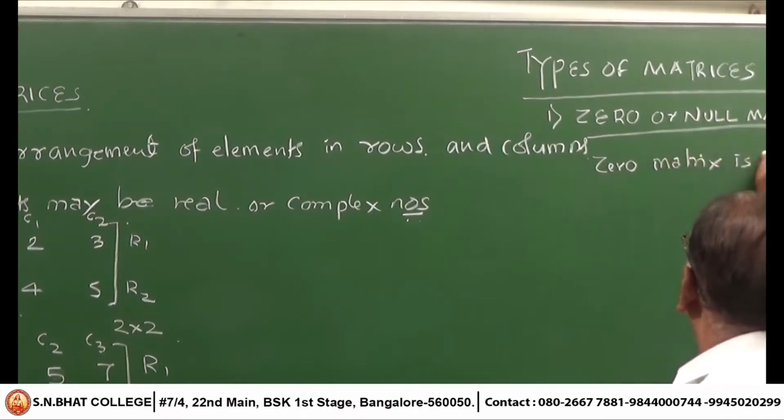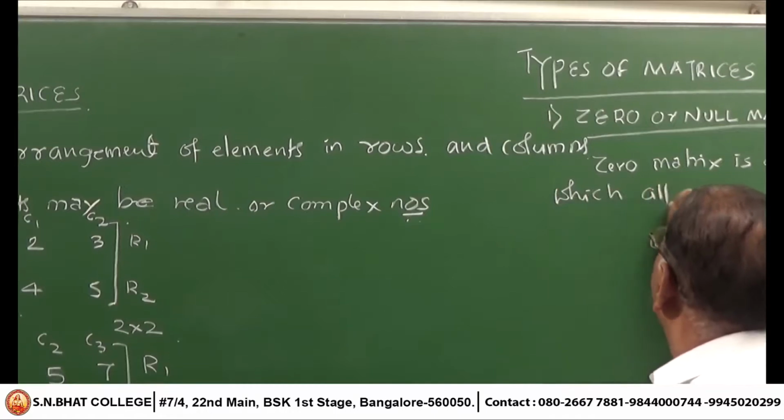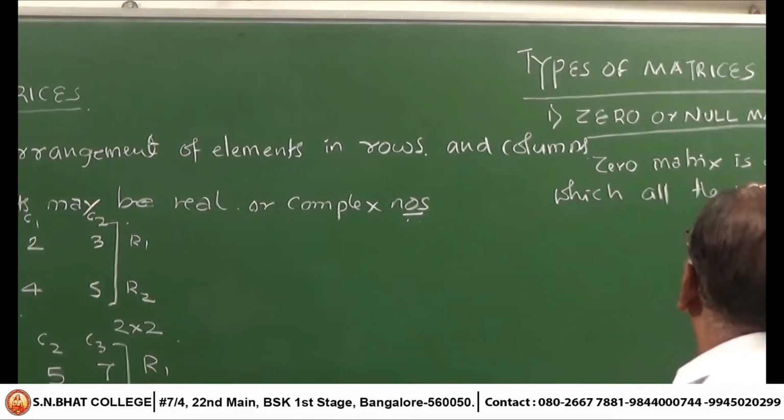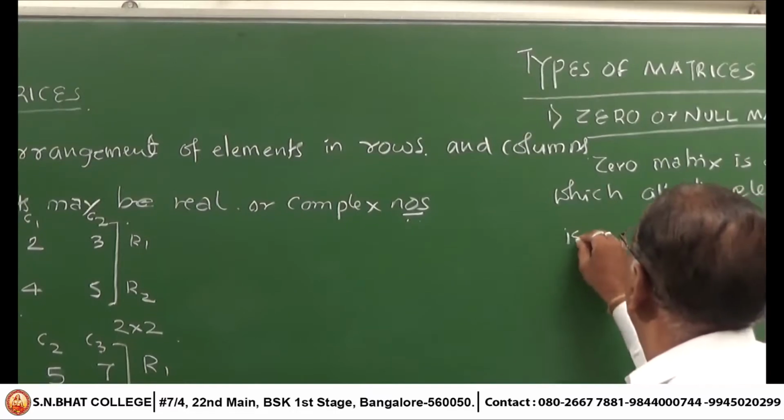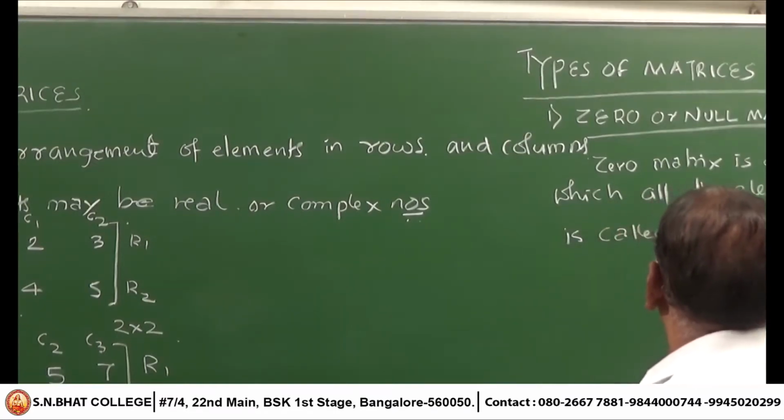A zero matrix is a matrix in which all the elements are zero. A matrix in which all the elements are zero is called a zero matrix.